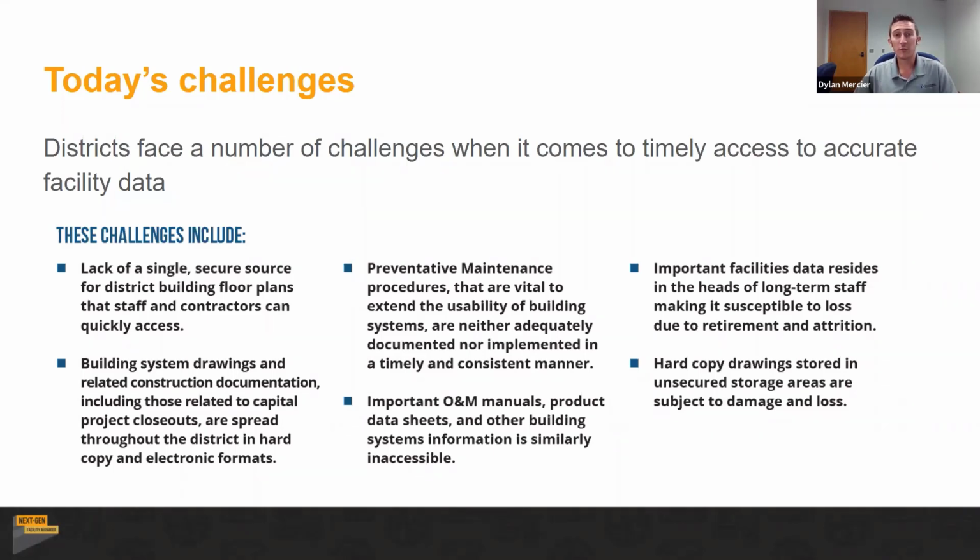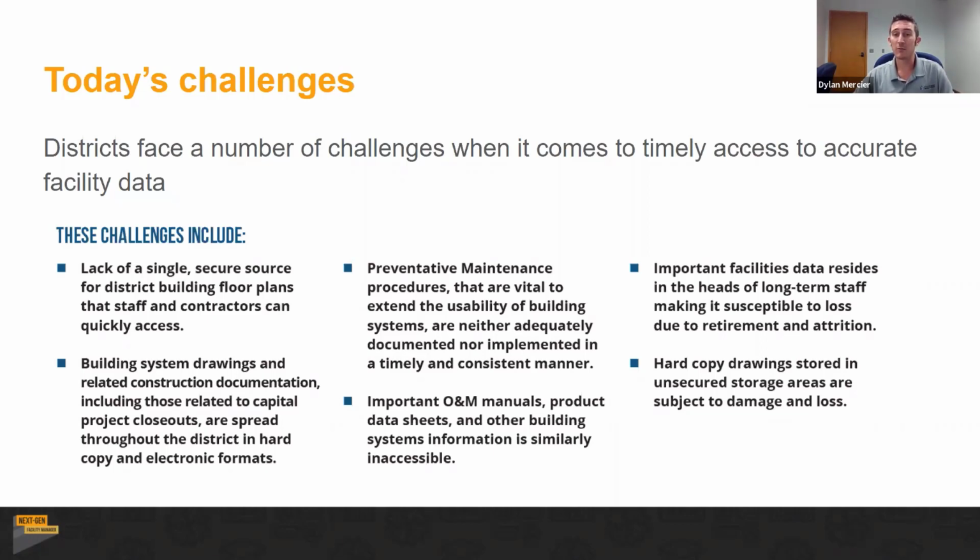Sometimes you can find what you're looking for. Sometimes it's just impossible. Some of these devices and pieces of equipment have unique procedures based off of serial numbers, and sometimes you can only find the generic O&M manuals that cover a product line, not the particular products that you're looking for.